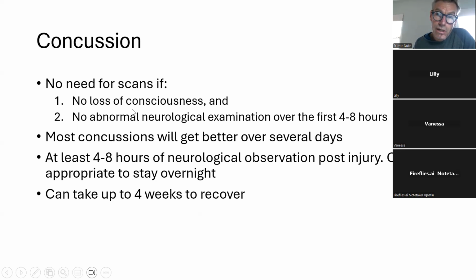It's usually if they've had a loss of consciousness at the accident, like if they've been on the rugby field and they've had a loss of consciousness and they get brought to the hospital, then they need to be monitored for at least 24 hours to make sure they don't have any complication of a brain injury. So you can manage most of these patients without doing scans. You simply need to do good serial neurological examinations.